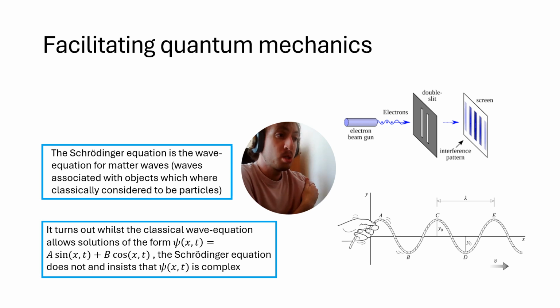And naturally, one might think that he would be hoping for the function one gets out that describes matter waves to be a real function, or at least to be expressible as a real function, but alas no.